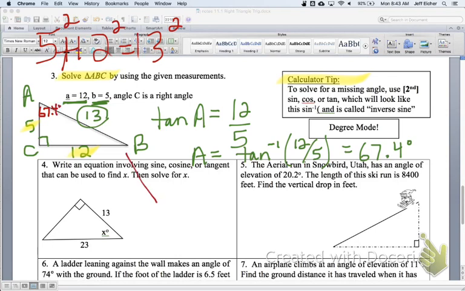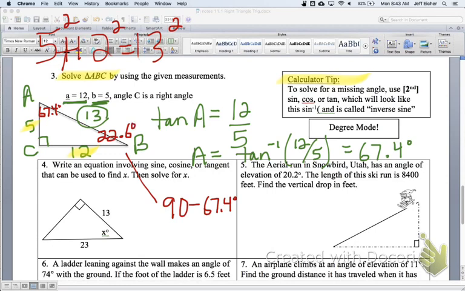And then to find angle B, we could do 180, the sum of the three angles in a triangle, or we could do 90 minus 67.4. We already have a 90-degree angle, so the other two must add up to 90. So that looks like, what is that, 22.6? Yeah, 22.6 degrees.